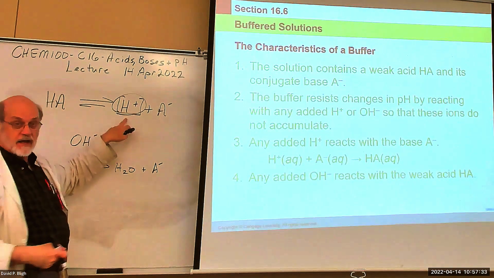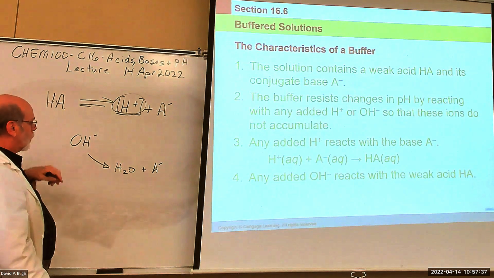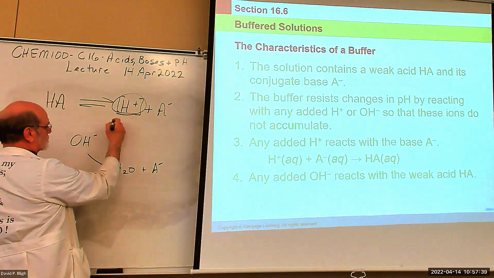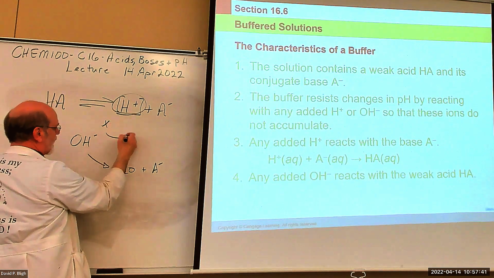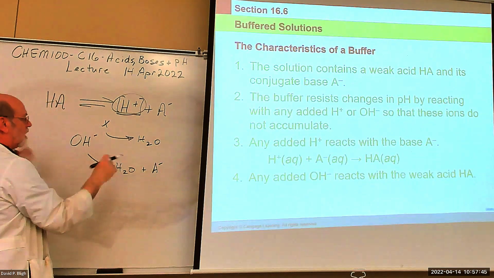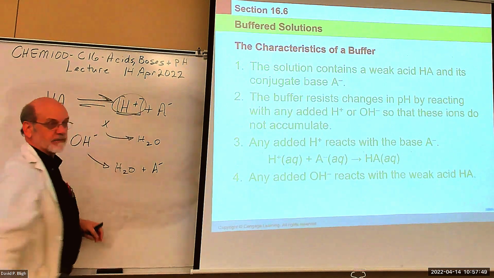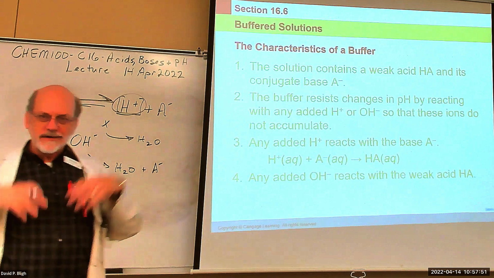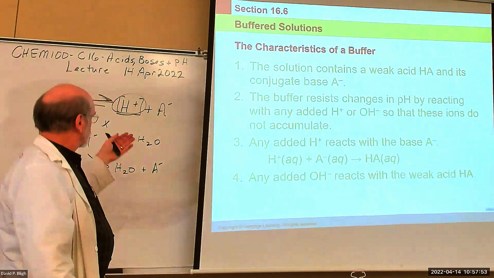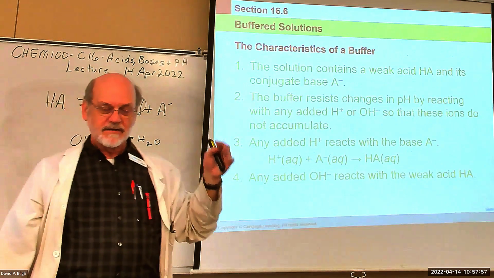Has it changed the hydrogen ion concentration? Not a bit. What if instead it reacts with this? Makes water. What's going to happen? If you remove some of these, this is going to shift that direction and replace them, right? So either way, you've stabilized the concentration of hydrogen ions.